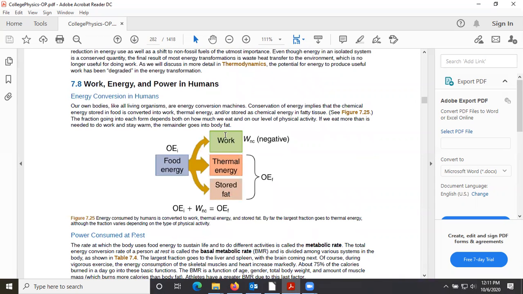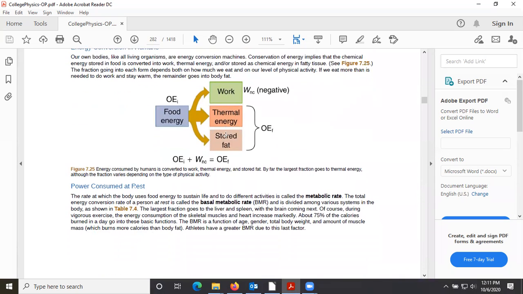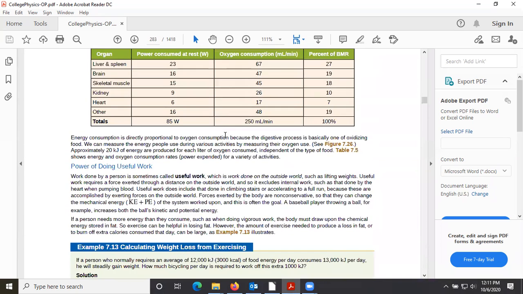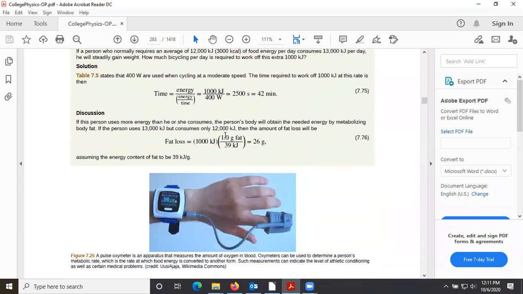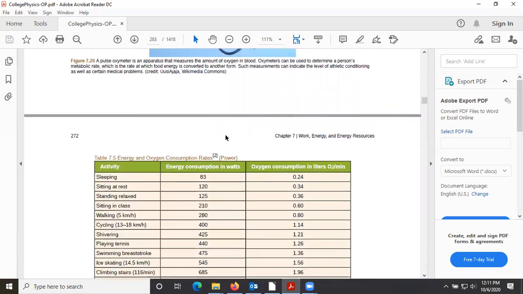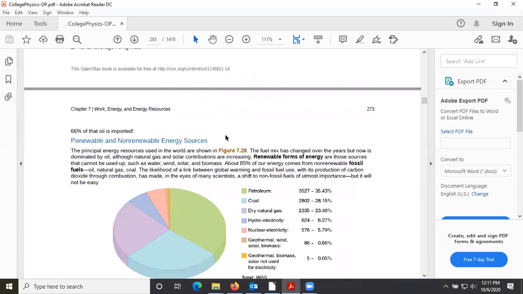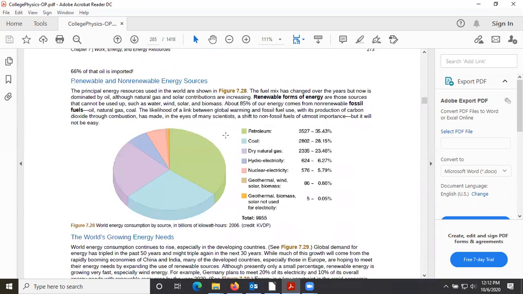Work energy in humans. So somebody's made a table about how efficient we are, how much energy we consume. World energy use, petroleum, coal. You see that that's most of it, and natural gas. So most everything is fossil fuels.